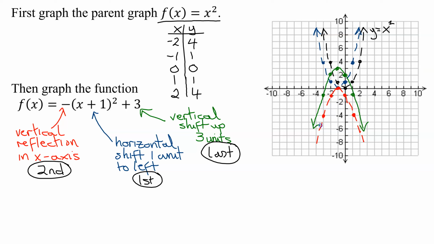And it's going to look something like that. So that is my function f of x equals negative x plus 1 squared plus 3. Oh, just squeak it in there. So the green graph is my final graph for f of x.